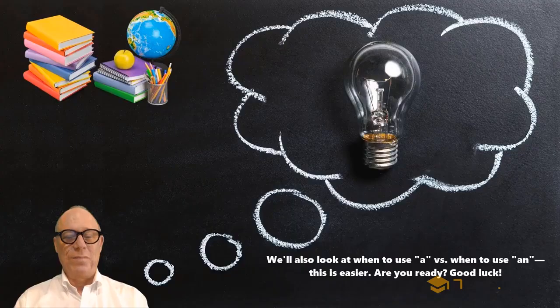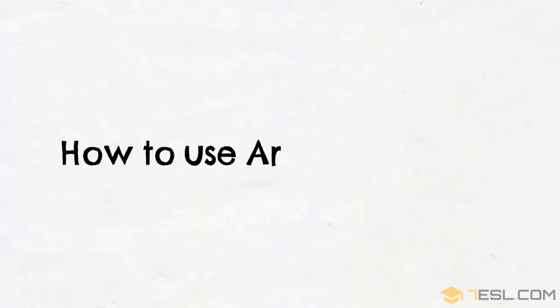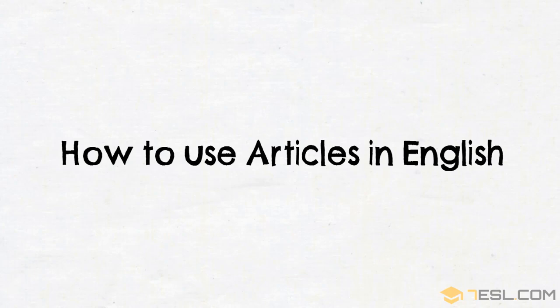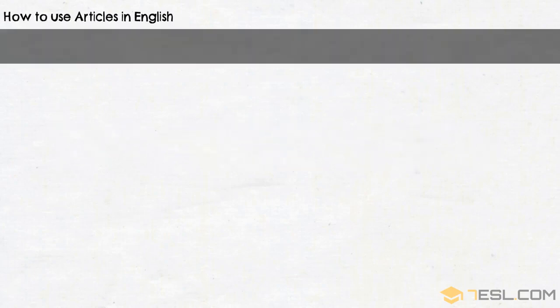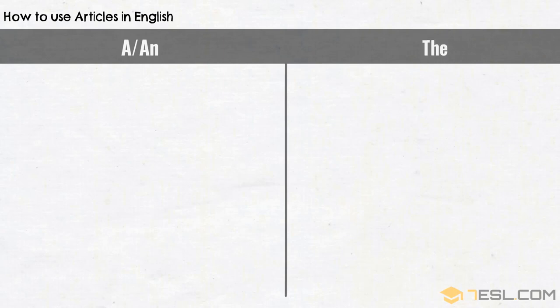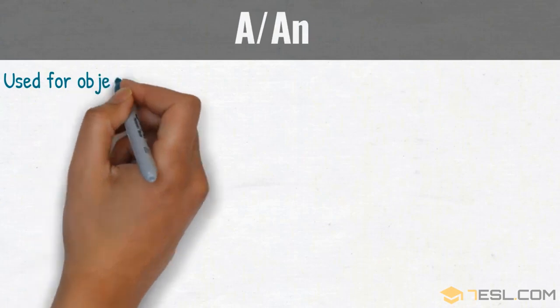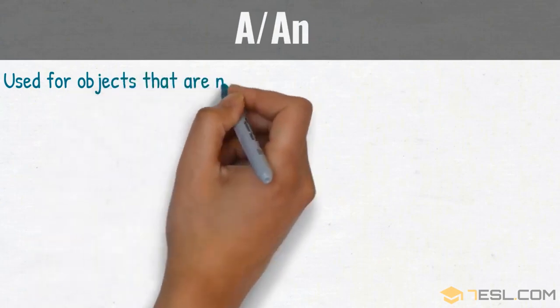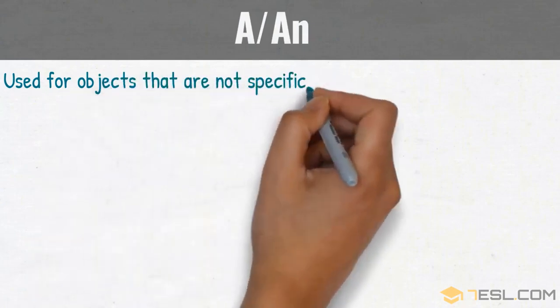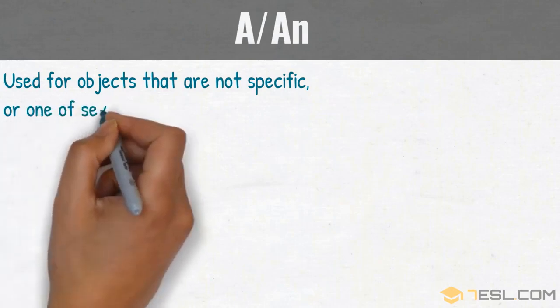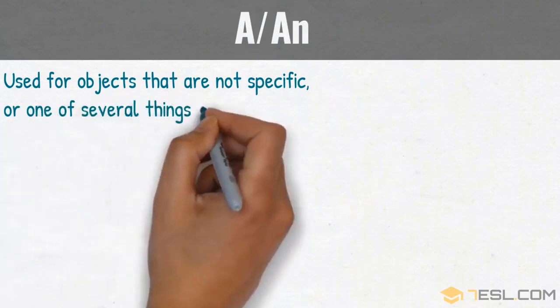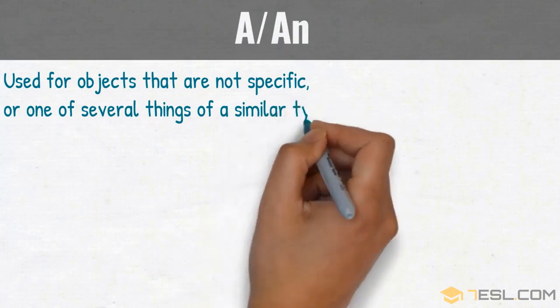Good luck. How to use articles in English. A or an and the. A and an are used for objects that are not specific or one of several things of a similar type.